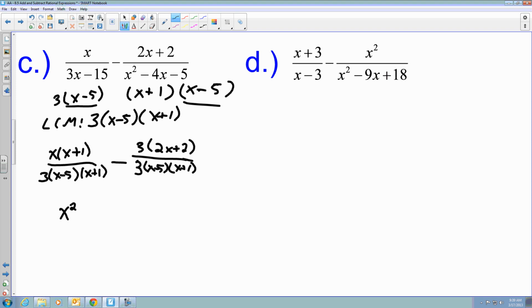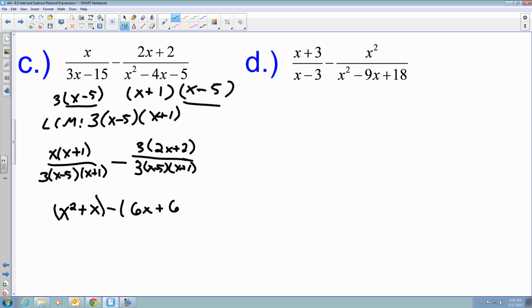So I got x squared plus x minus, so let's put parentheses in here, 6x plus 6.